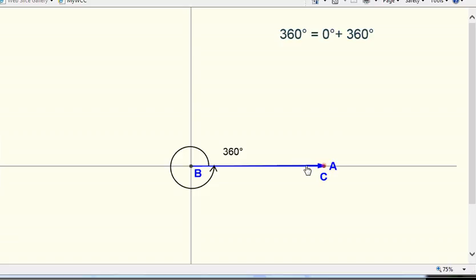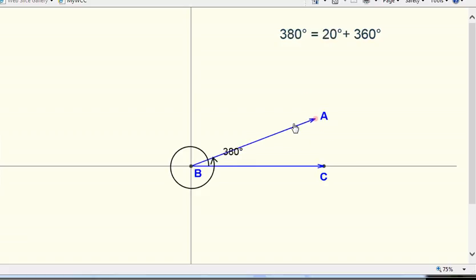The 360 degrees and the 0 degrees both share the same pole. The pole lands at the same location. So 0 degrees and 360 degrees are what we call coterminal angles.